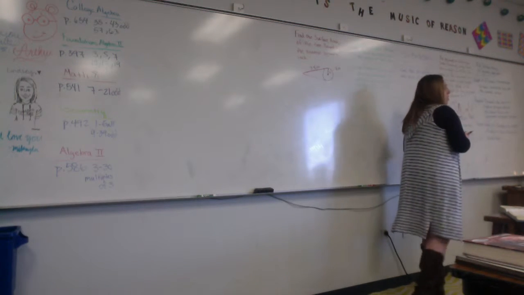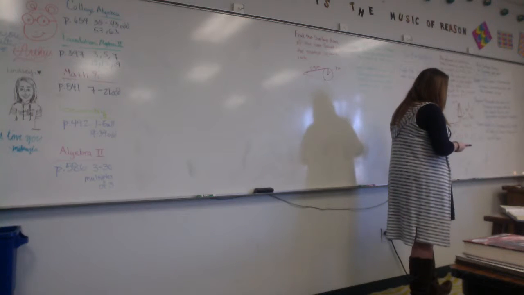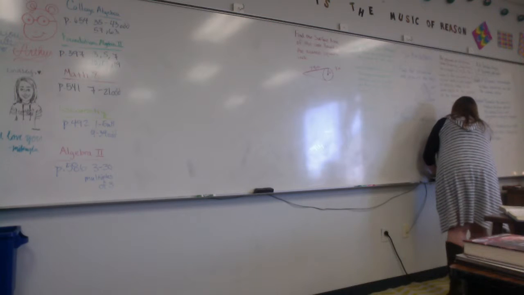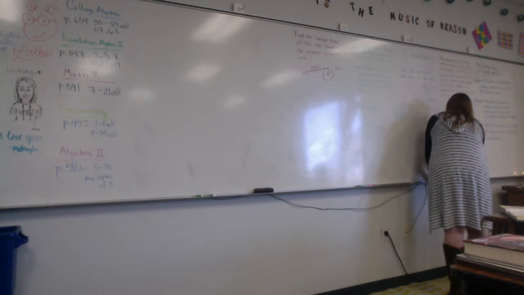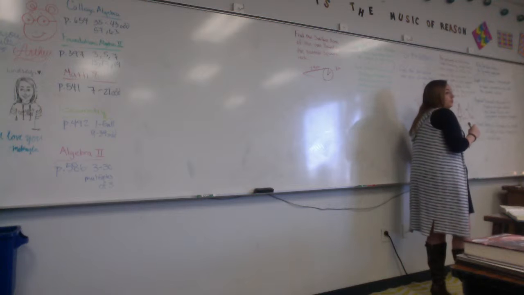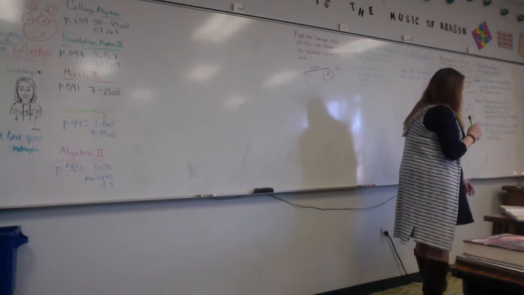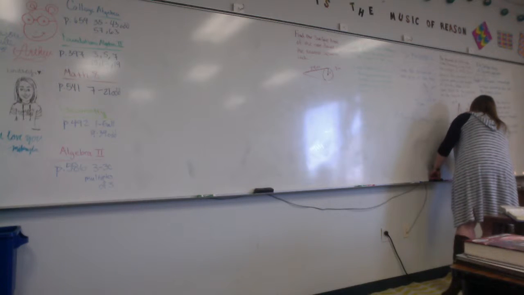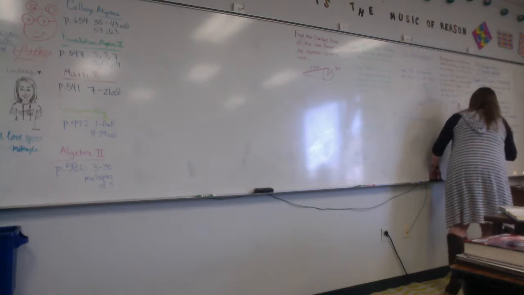What's 192 squared? 36,864. What is 172.5 squared? And yes, you'll probably have a decimal. 29,756.25.